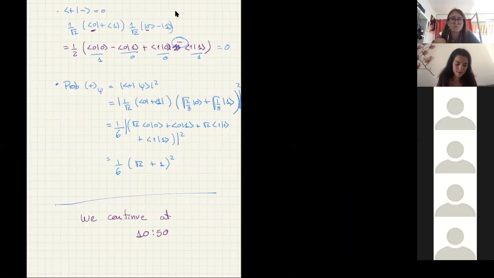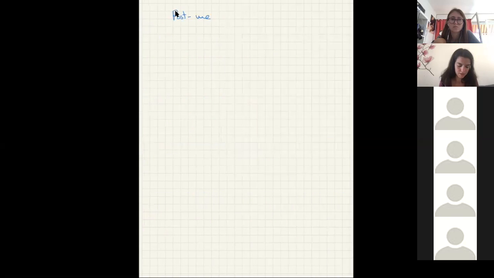So the post-measurement state, for now, if I got outcome X, this will be the post-measurement state.